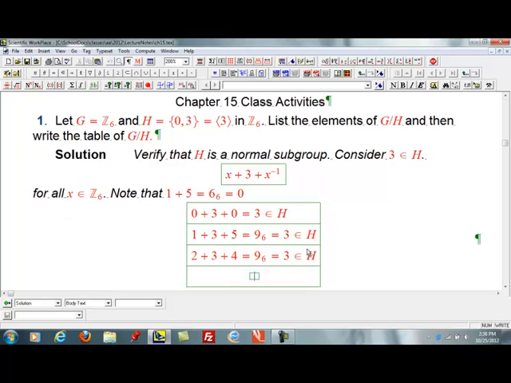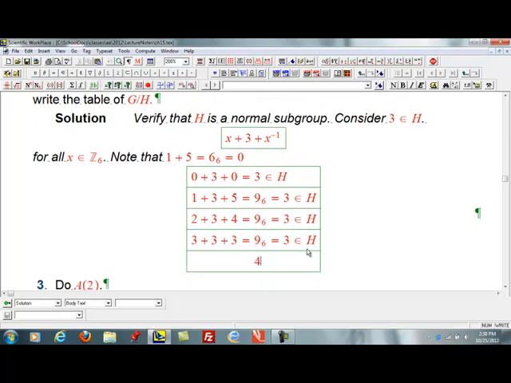That's in H. How about 3? What's the inverse of 3? 3. So that's equal to 9 mod 6. It's still equal to 3, which is in H. And then 4. Notice the inverse of 4 is going to be what? 2. So that is equal to 9.